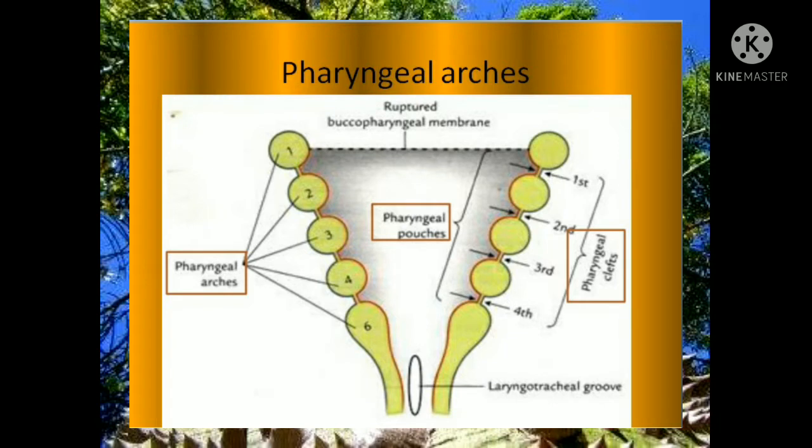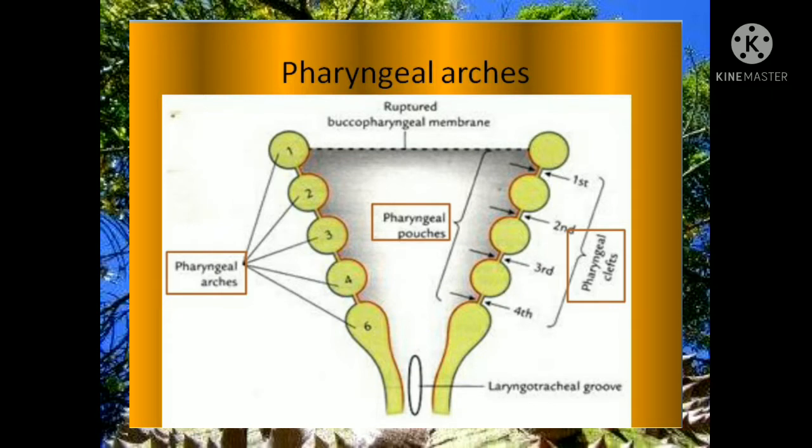Soon thereafter, the mesoderm comes to be arranged in the form of six cylindrical bars that run dorsoventrally in the side wall of the foregut in craniocaudal sequence.